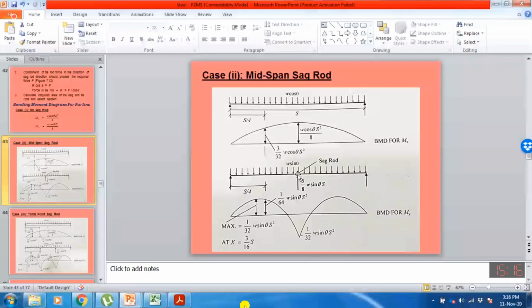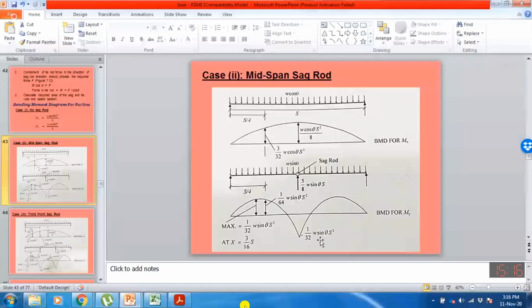So this sag rod will behave as an interior support. The bending moment diagram for a continuous beam with two spans is like this. So if we are using one sag rod, the maximum bending moment will be this negative. So my will be equal to omega sine theta s square over 32.